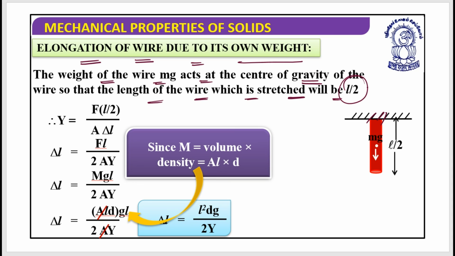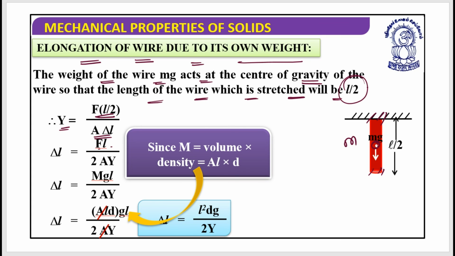So this is the wire, having mass m and length L. If I apply Young's modulus here, then Y equals FL by A delta L. When I take L, it has been taken from here, because the total mass of this wire is going to be concentrated over here.